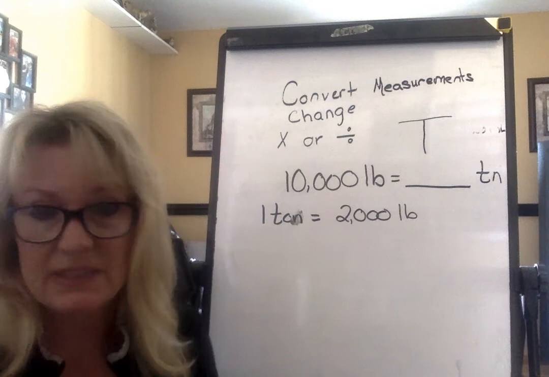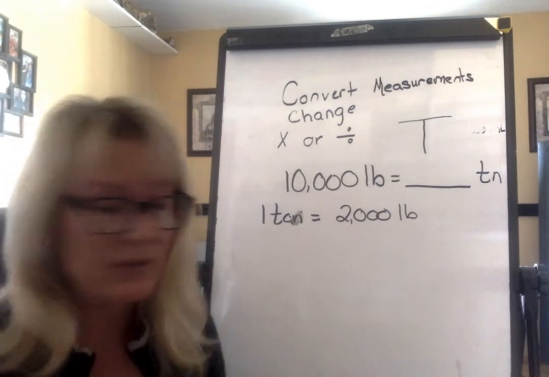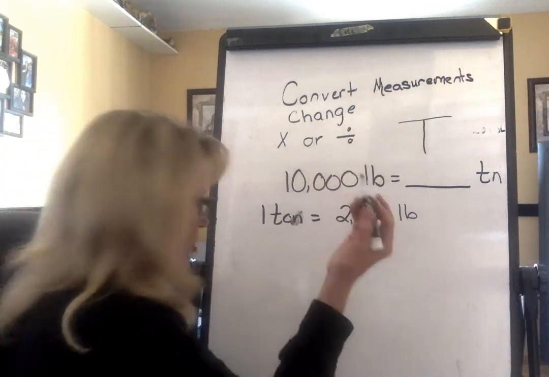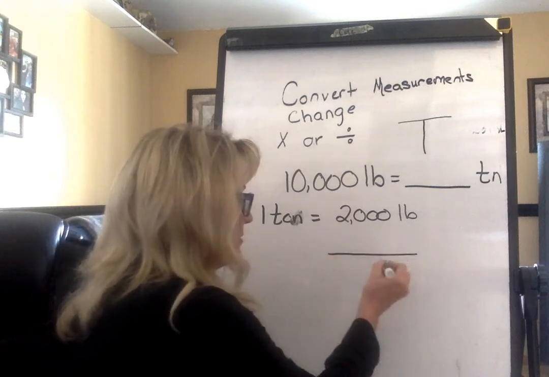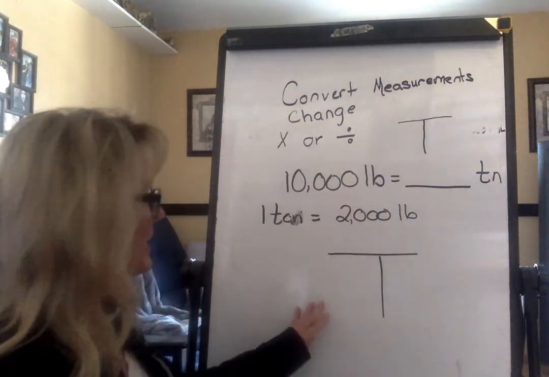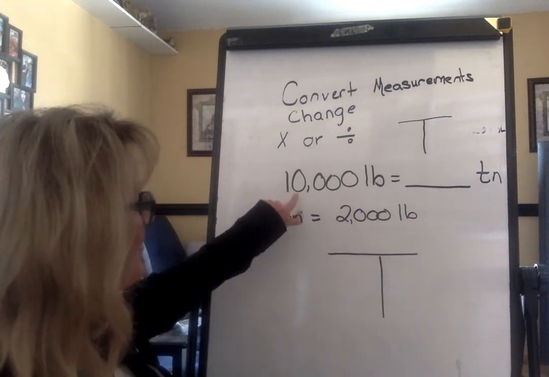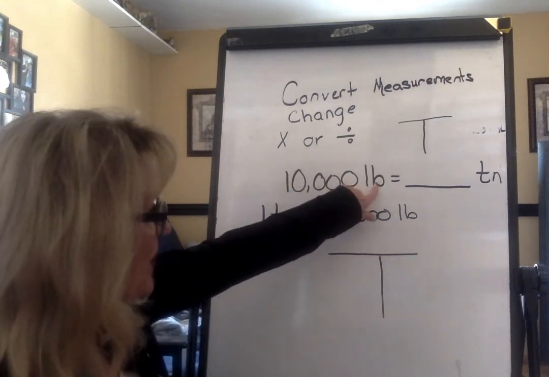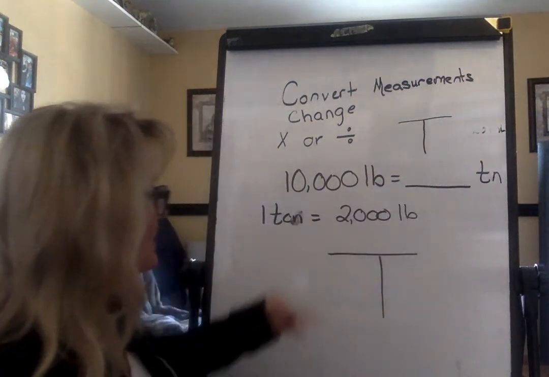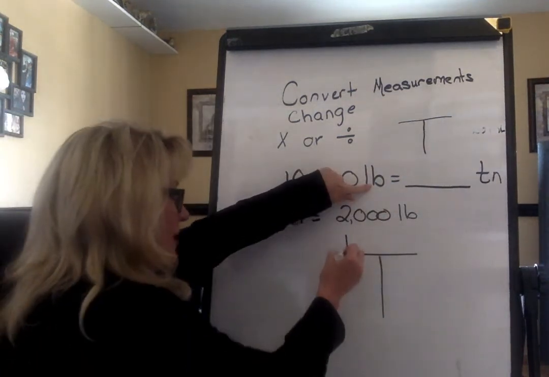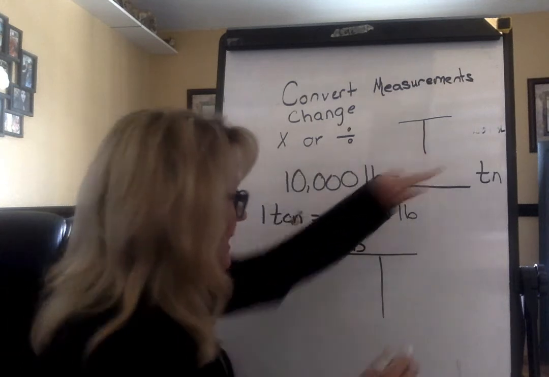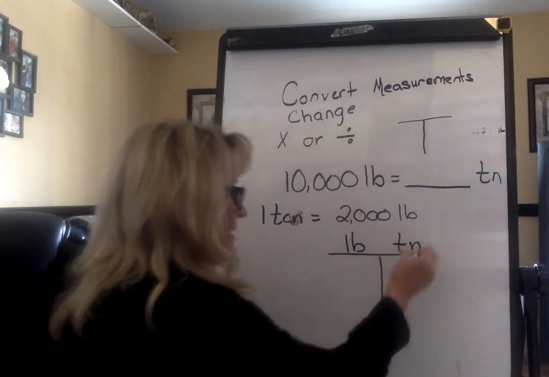Okay, that's the piece of information I have to know so I can set up my rule. Next step, draw the T-chart. No thinking right now. On my T-chart, I'm going to start with whatever unit they gave me. They told me 10,000 pounds. I don't know how many tons. So that means I put the pounds on this side and the tons on this side.